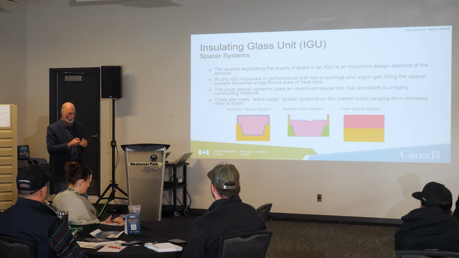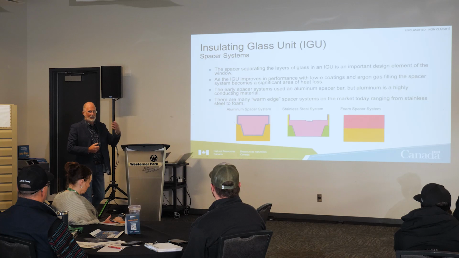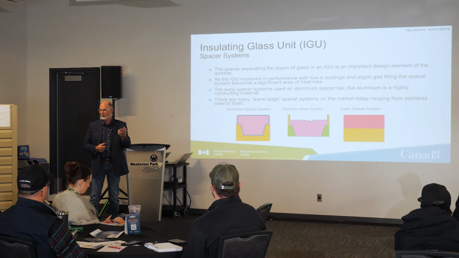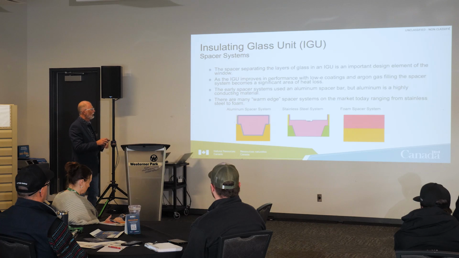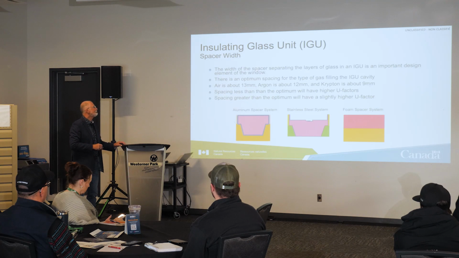So depending on where you're building, you might want to pick something that's going to give you very good long-term performance. So it's not just about the thermal transfer, it's also about the performance of that unit and that material. So those are things to consider when it comes to the IGU or the spacer. If you're spending a lot of money on a window and the coatings and the gas, then something that's going to perform really good is probably worth the money.